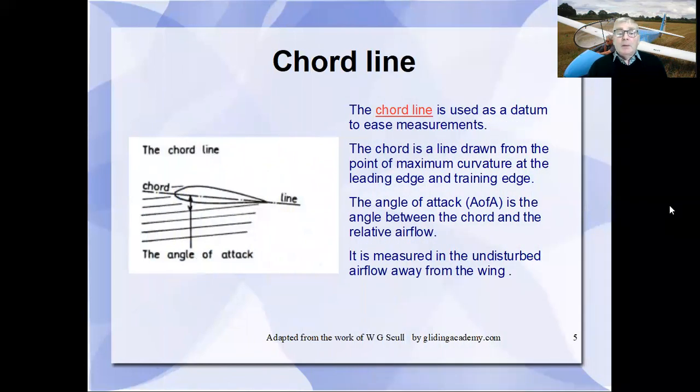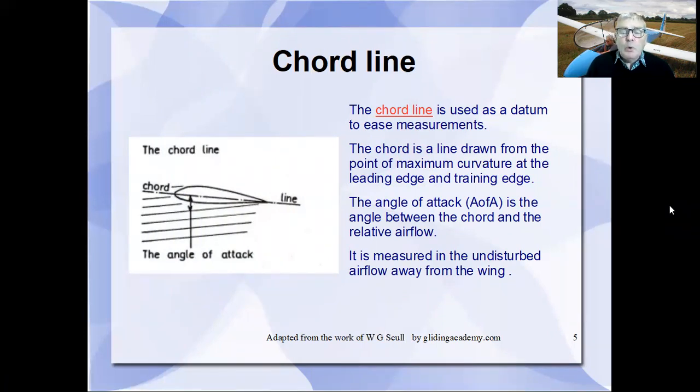However, when we're talking about an aerofoil or a wing, the surface is curved. Now, this isn't quite so easy to measure the angle between that and the relative airflow. And for this reason, we create a datum line. This line we call the chord, and the chord is a straight line drawn between the leading edge and the trailing edge of the wing.